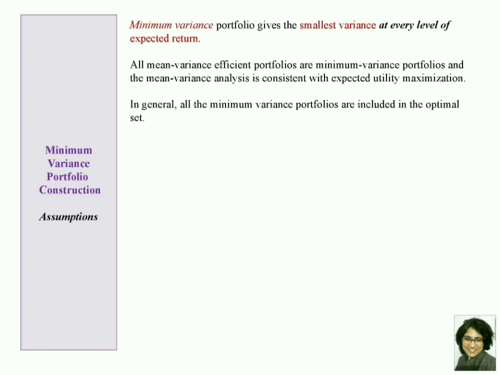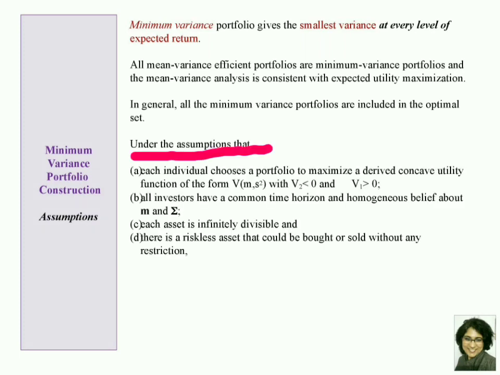Now we are making some assumptions. Number one, each individual is choosing a portfolio to maximize a derived concave utility function of the form V of M, S square, where M is the mean and S square is the variance.